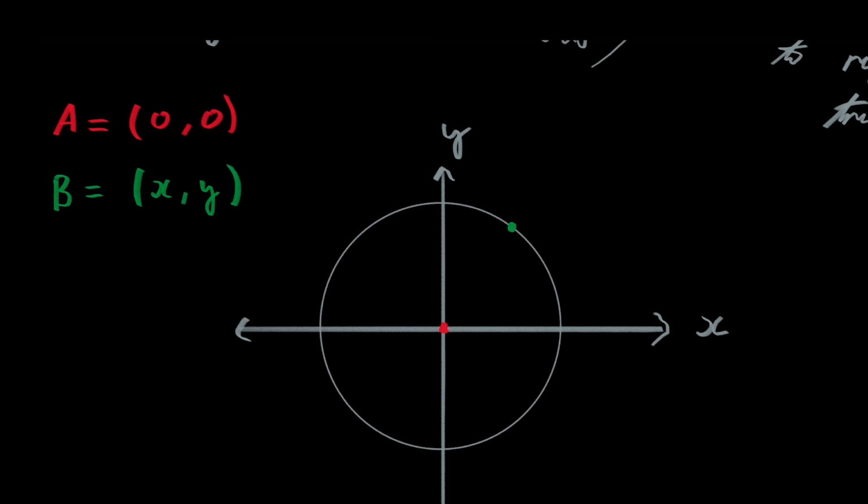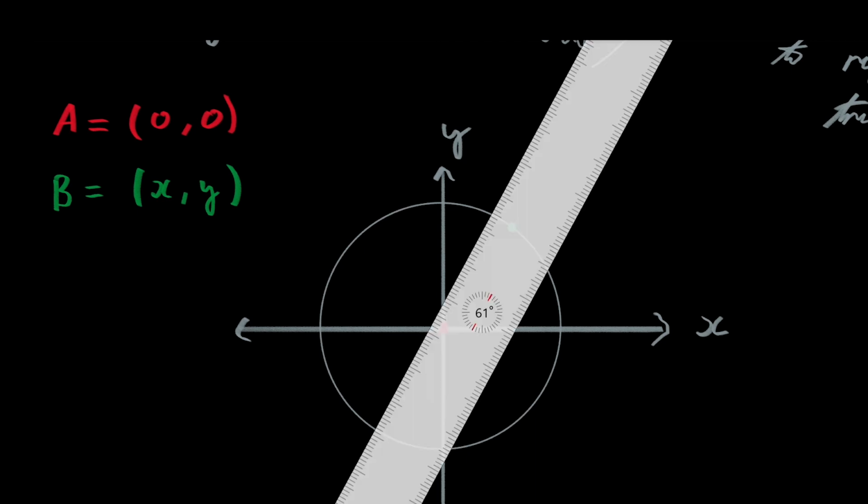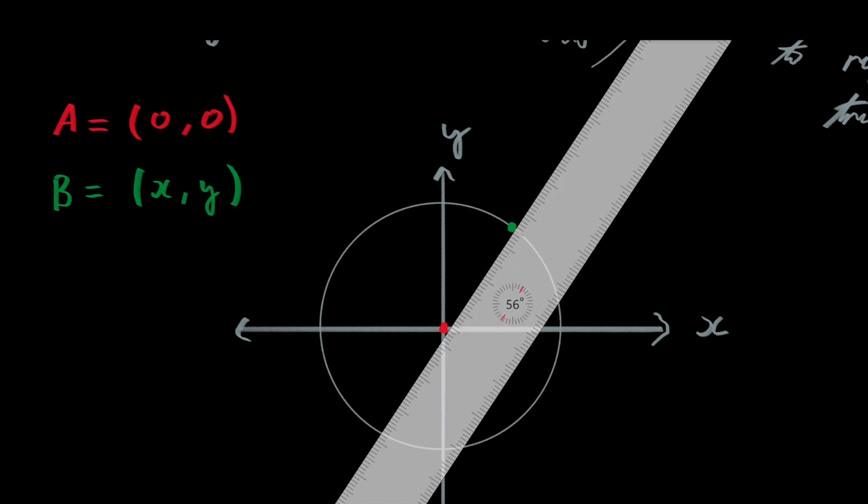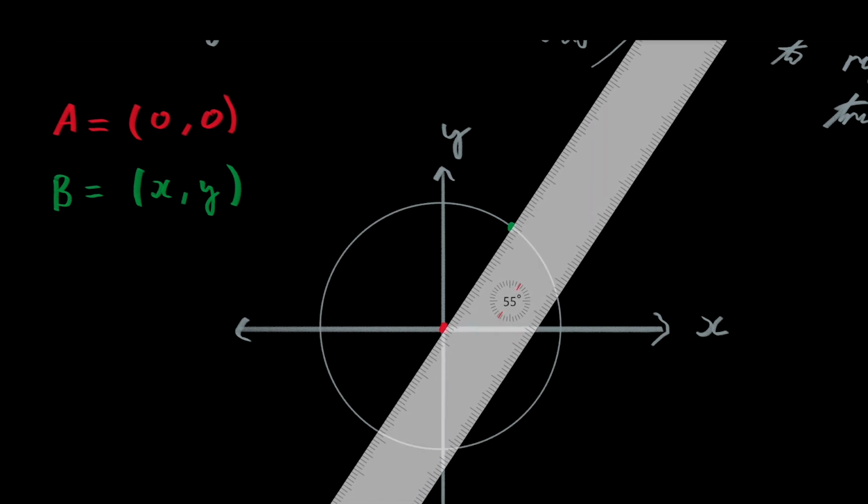All we're saying is that B must have some x component and y component that make up its coordinates. Now I'm going to draw a line between the origin, which is point A, and the green point, which is point B. So here's my line.